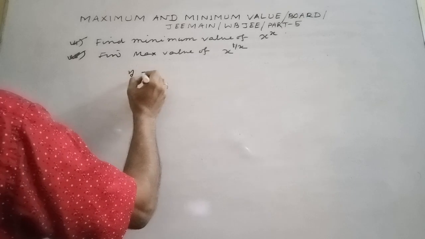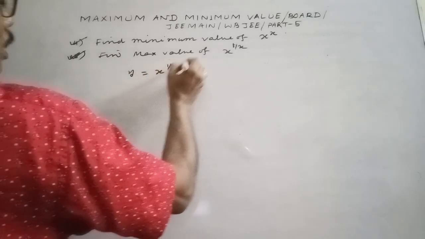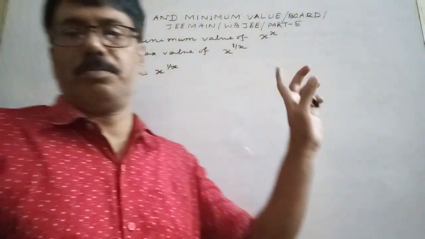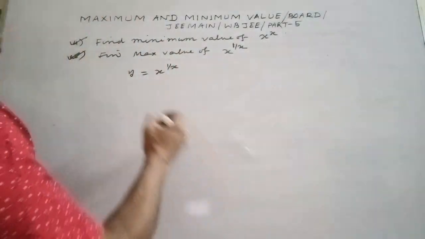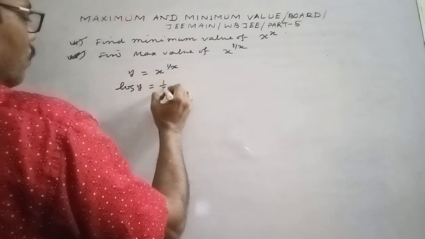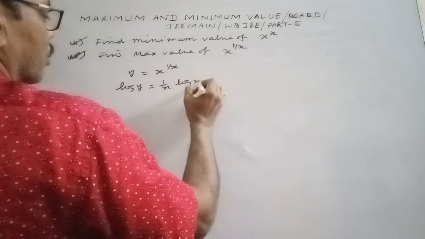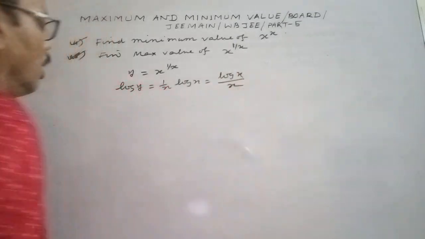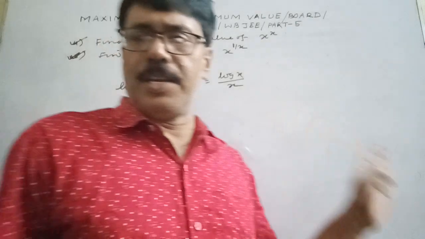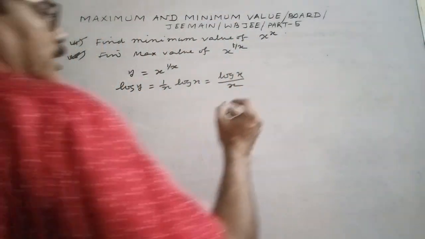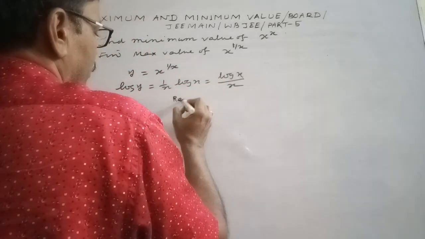So y equals x to the power 1 by x. So the power is a function, the base is also a function. So you have to take log y, so 1 by x into log x, that is log x by x. So you can take the direct derivative as earlier, but there is also a result. What is the result?